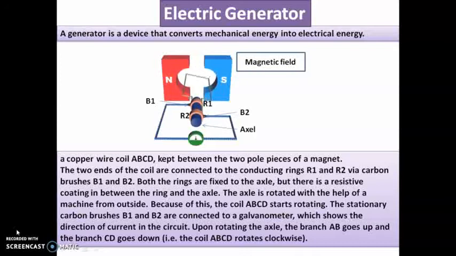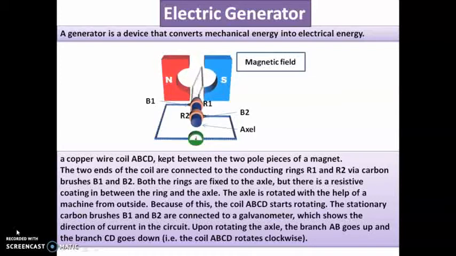Based on the same principle of electromagnetic induction, we will be studying the electric generator. As the name says, generator means it is generating electricity. A generator is a device that converts mechanical energy into electrical energy. And this electric generator we use in our daily life for various electrical appliances.